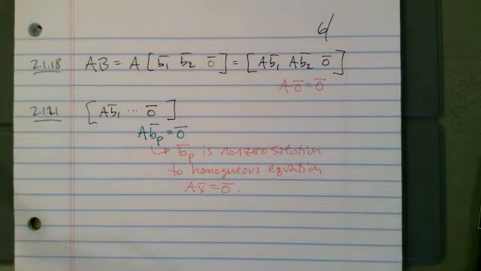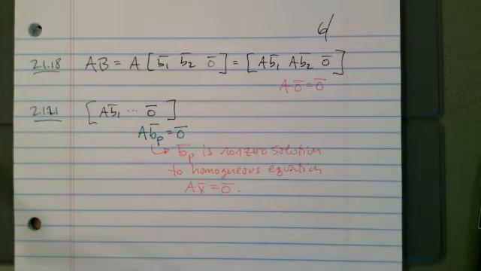So we have found a non-zero solution to the homogeneous equation AX equals 0. What does that mean for the columns of A? The columns of A are linearly dependent.